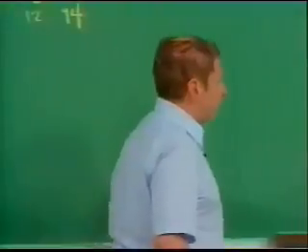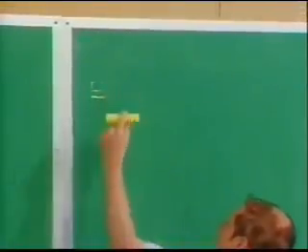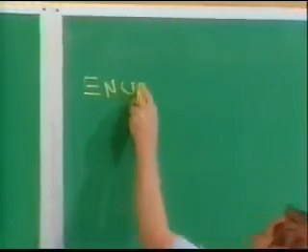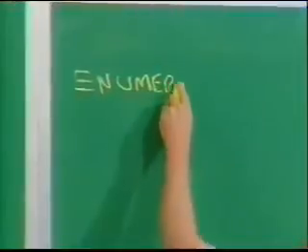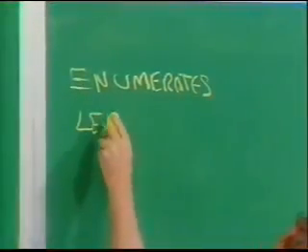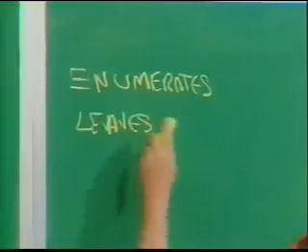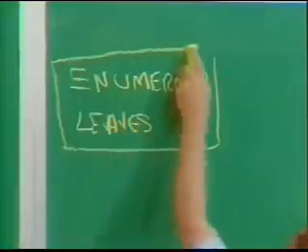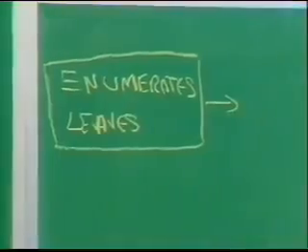So if I was talking like a signal processing engineer, what I might say is that this first procedure enumerates the leaves of a tree. And then we can think of a signal coming out of that, which is all the leaves.